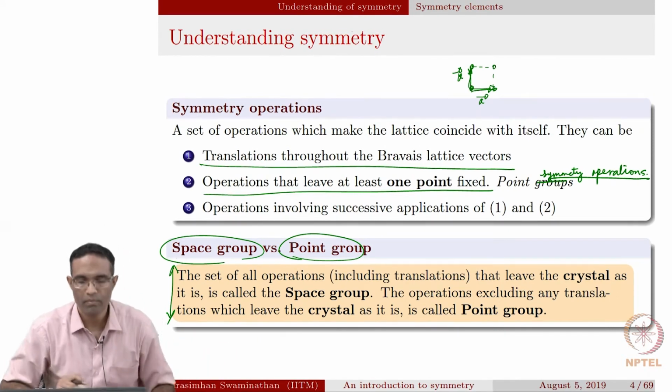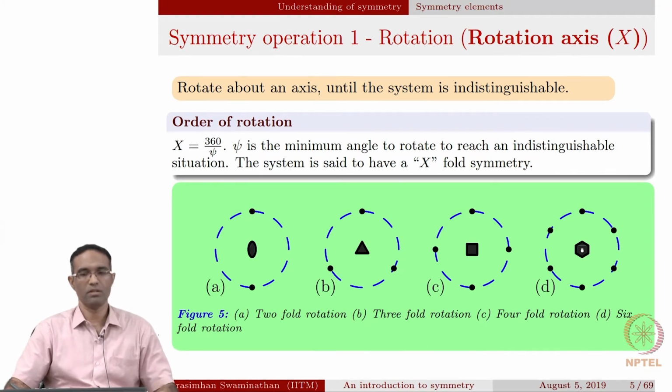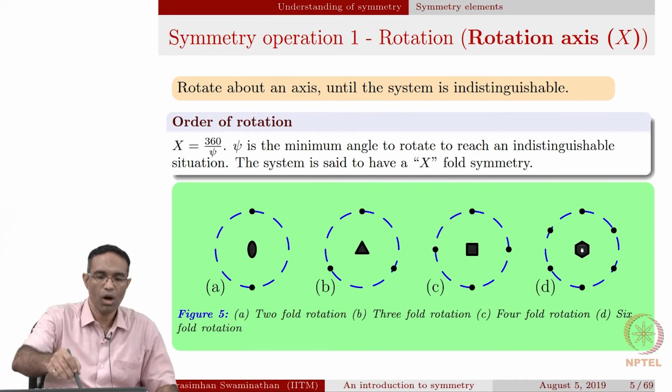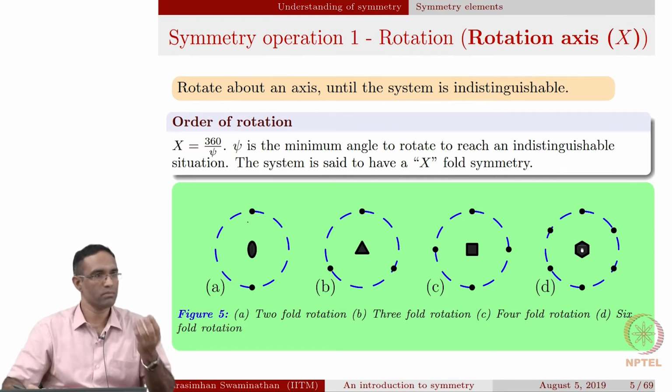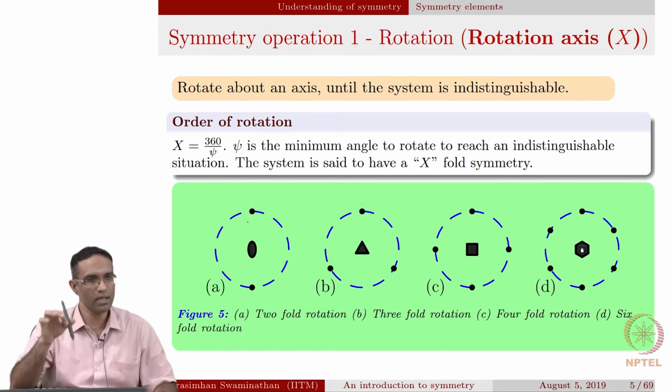So we will now start looking at various symmetry elements. The first one is the obvious one, which is the rotation, of a particular molecule or lattice or whatever that you are looking at, about a certain axis.